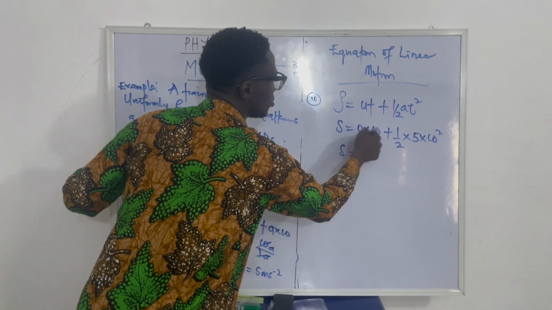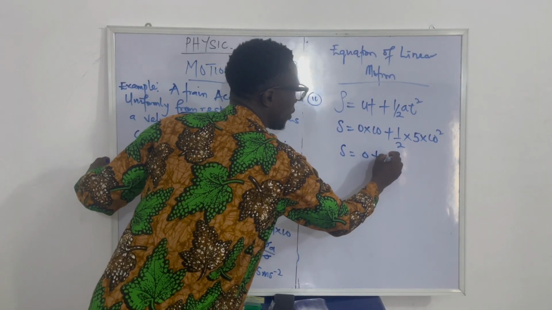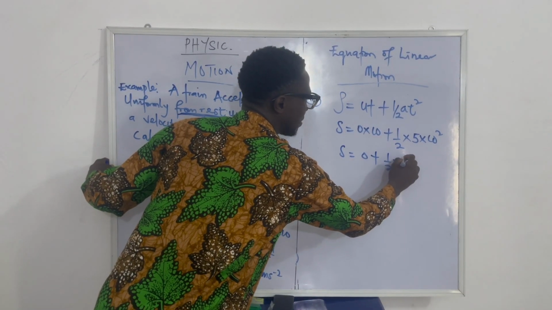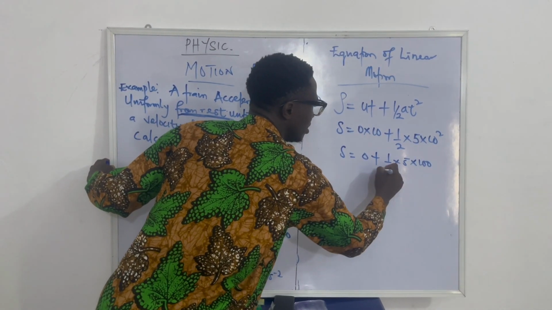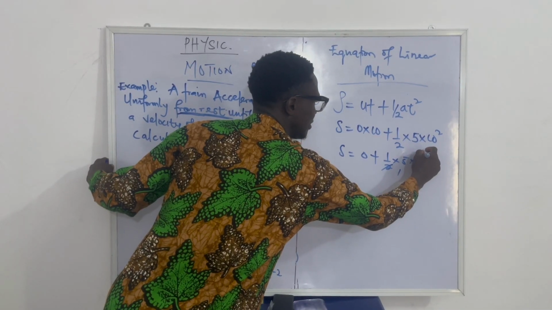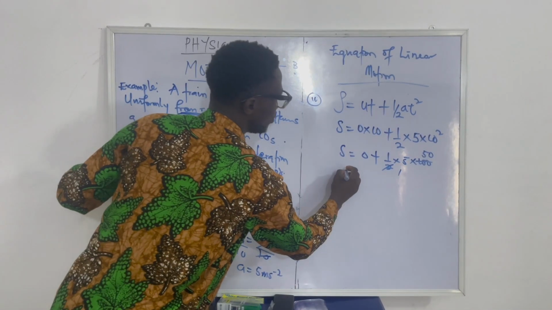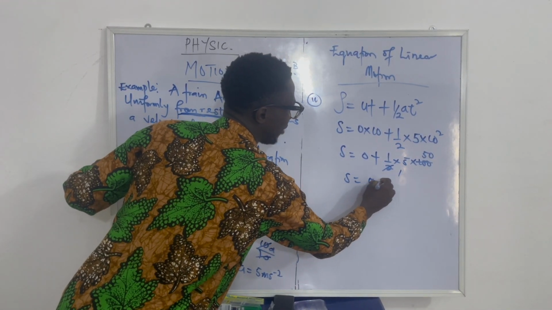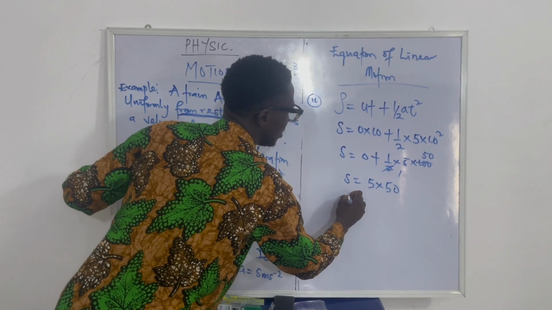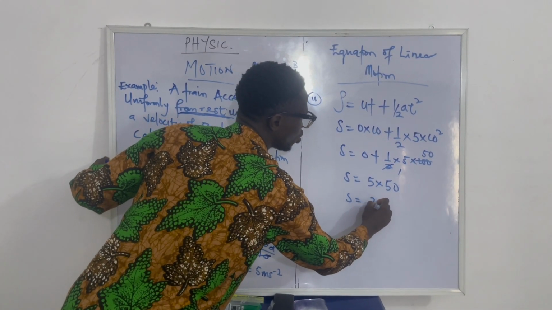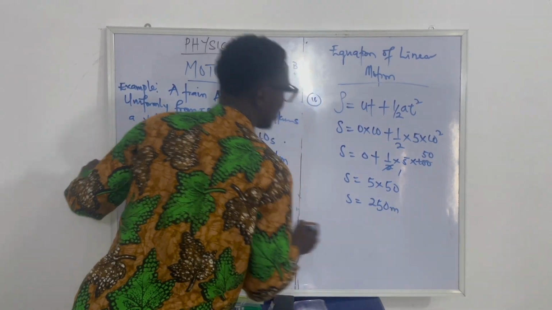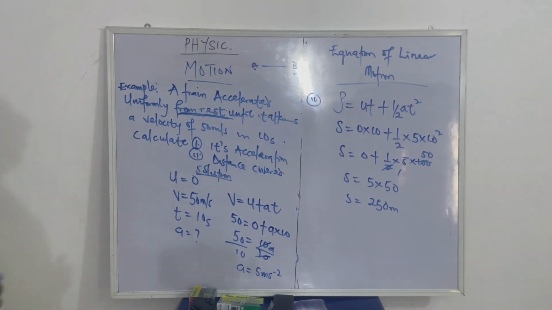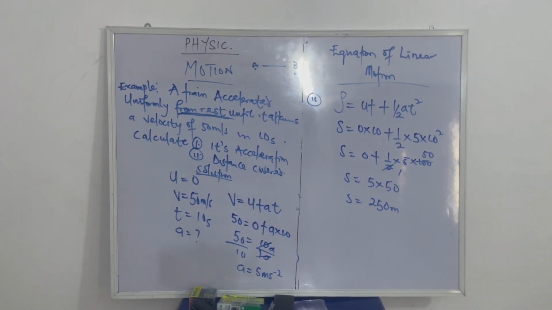So s equals 0 plus 1 over 2 times 5 times 100. 2 here 1, 2 here 50. So s equals 5 times 50. So the distance equals what? 250 meters.